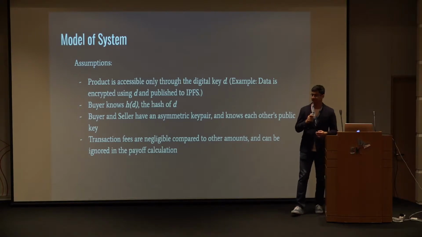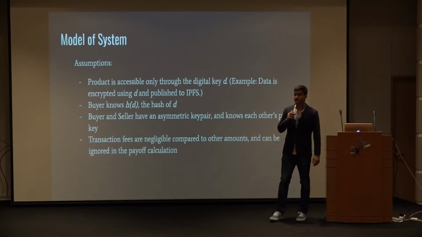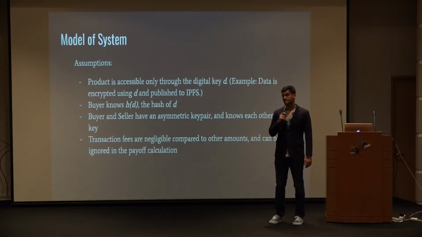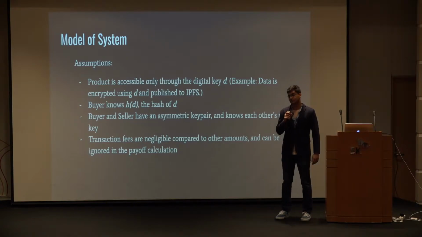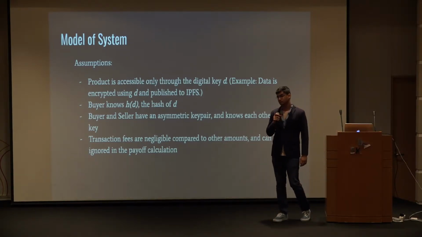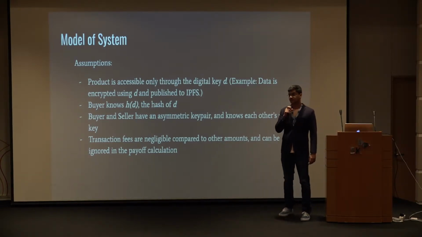What I don't understand is, if the buyer does not know what d is in advance, then what does knowing h of d help in this case? That's right, you don't know what d is.